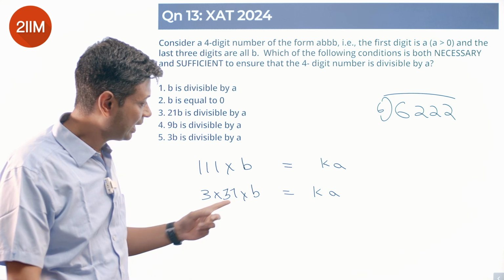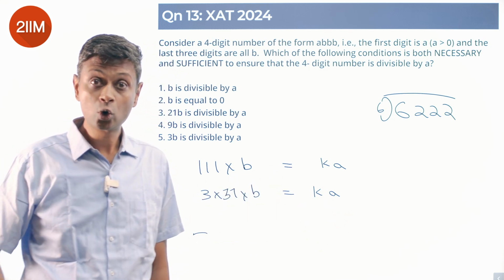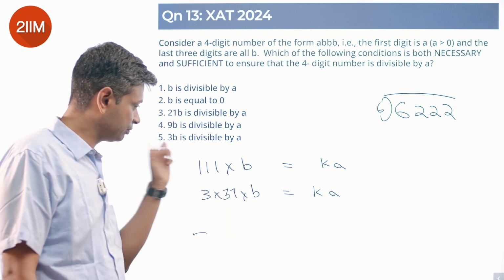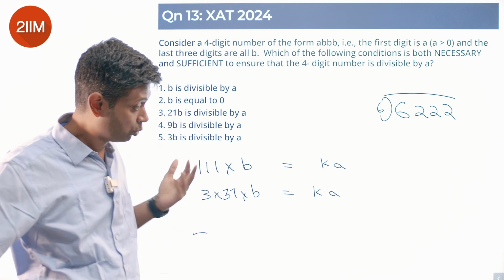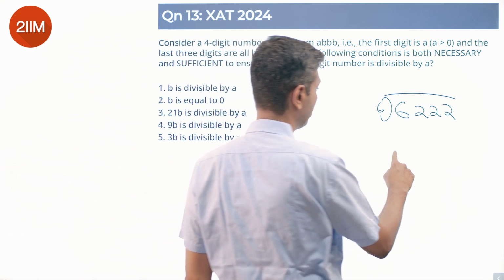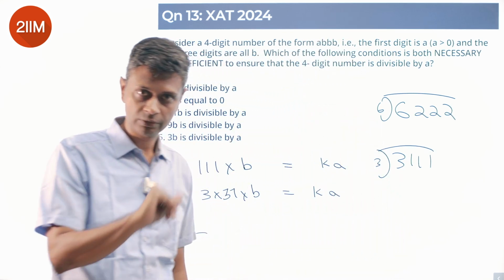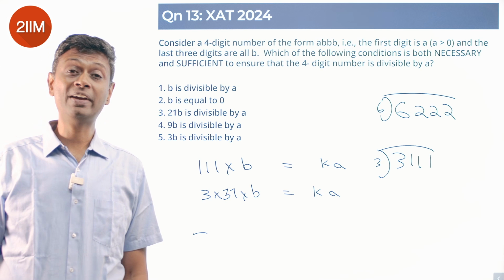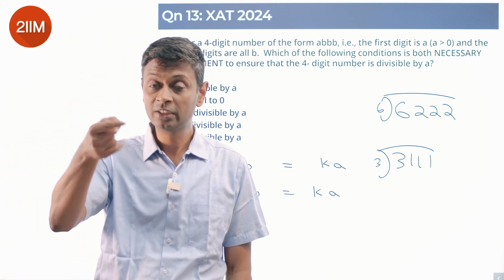And so A, without being a factor of B, could end up being a factor of 3 along with B. It could be very simply that B is 1, A is 3. So 3 triple 1 divided by 3, this will go. And so A could be a factor of B, that works, but if A is a factor of 3B, that is sufficient.